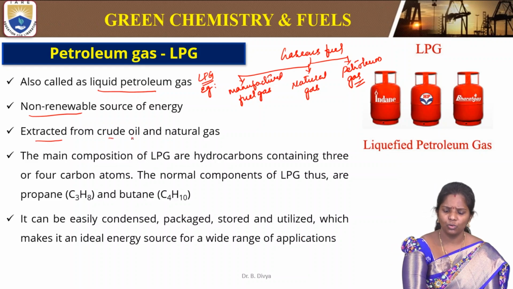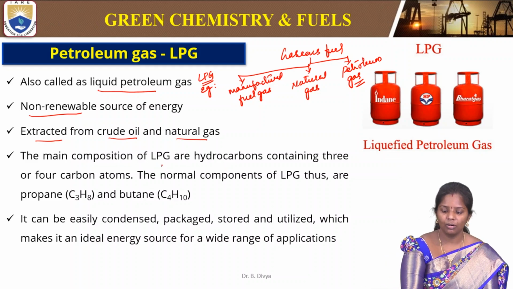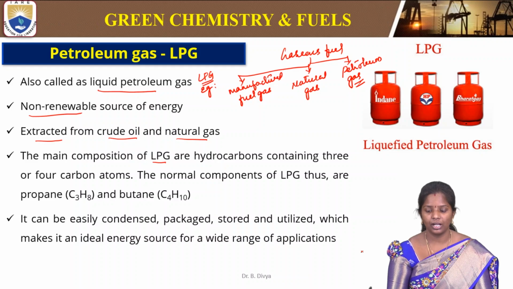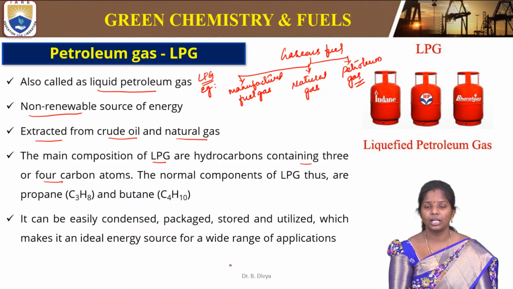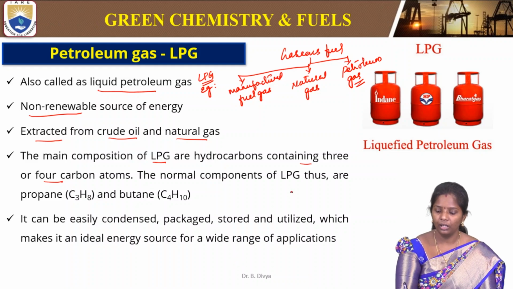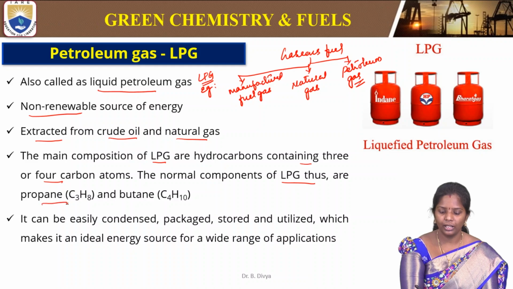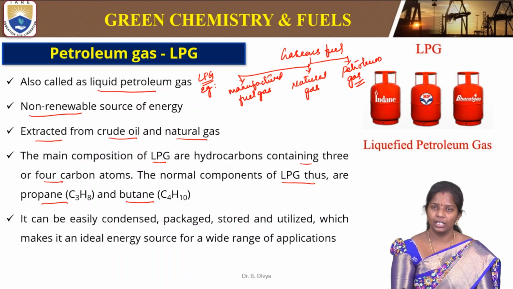So it is extracted from crude oil and natural gas from nature. The main composition of LPG is hydrocarbons containing 3 or 4 carbon atoms, for example propane and butane.